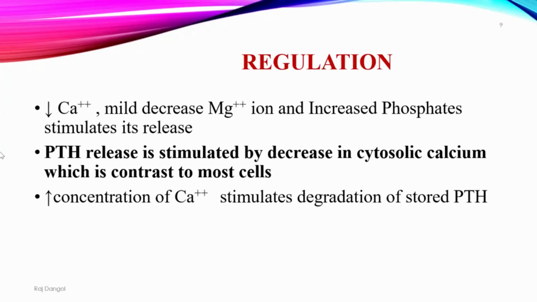The release of parathyroid hormone from the parathyroid gland is stimulated by a low concentration of cytosolic calcium, which is in contrast to most cells.